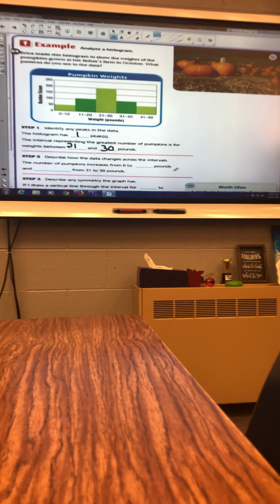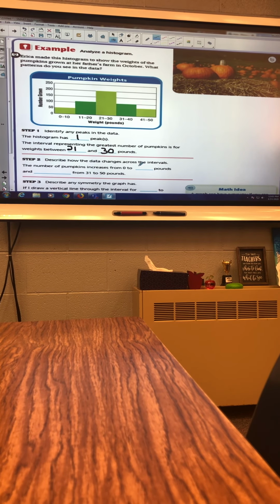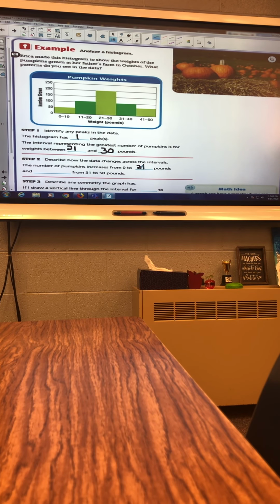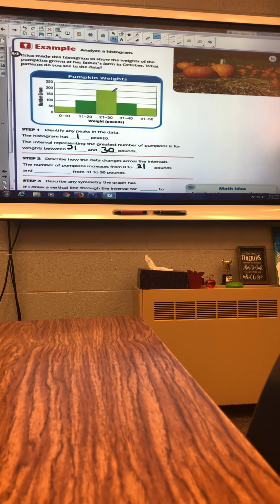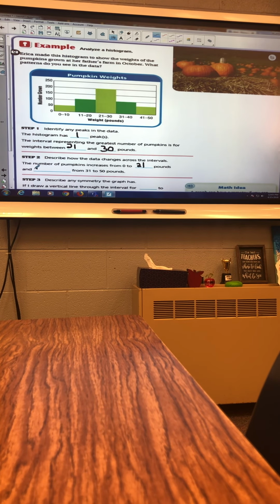Step 2 says describe how the data changes. So from 0 to 21 pounds, it increases. And then from 31 to 50 pounds, it decreases.